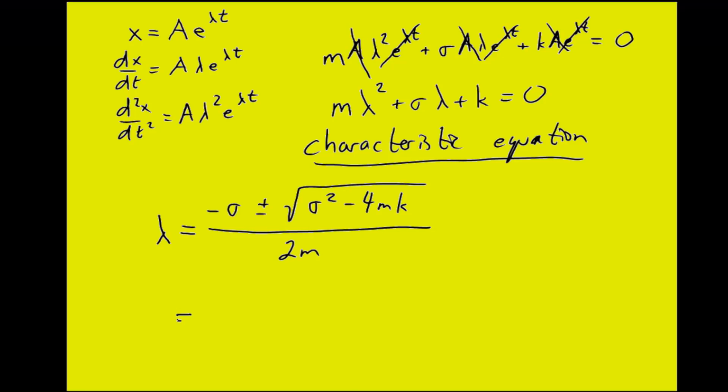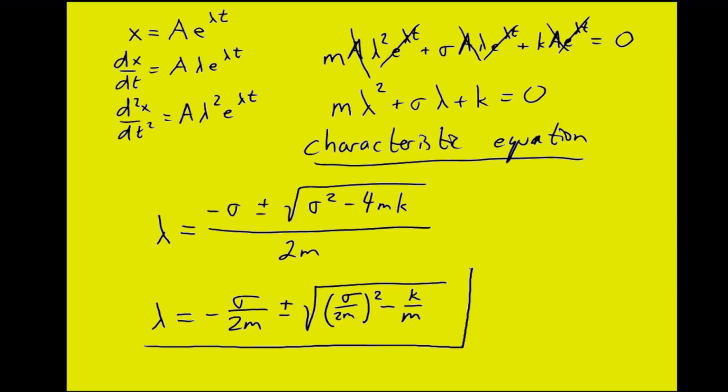Or we can rewrite this as lambda equals minus sigma over 2m plus or minus the square root of sigma over 2m squared minus k over m, where I've just taken the 2m, squared it, brought it under the square root sign and substituted through like that.